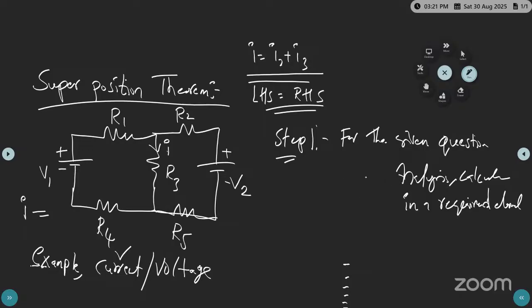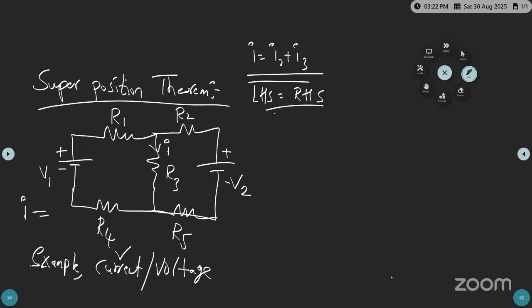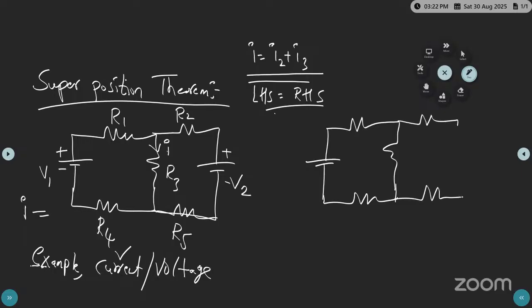For the given question, you have to find out the current in R3. See, the response in the same element when we consider individual source. So now I am considering V1 only. Listen.